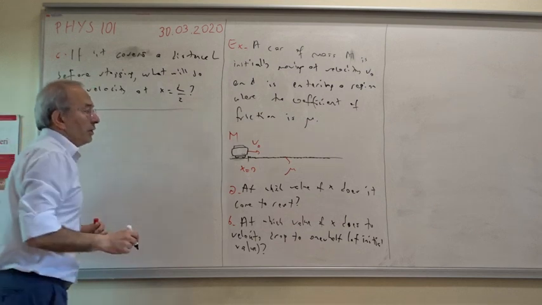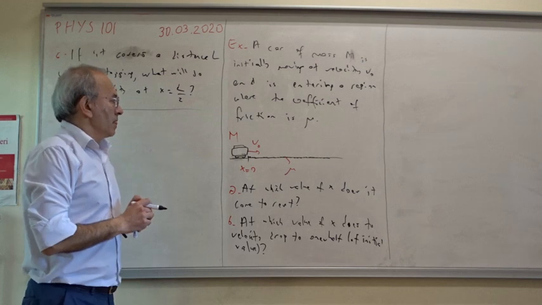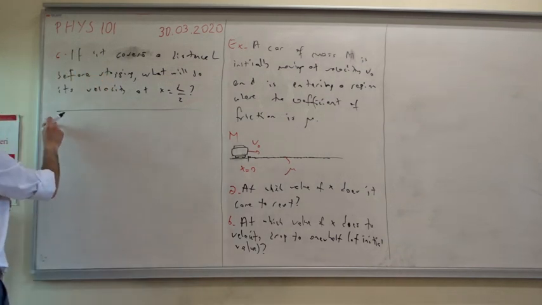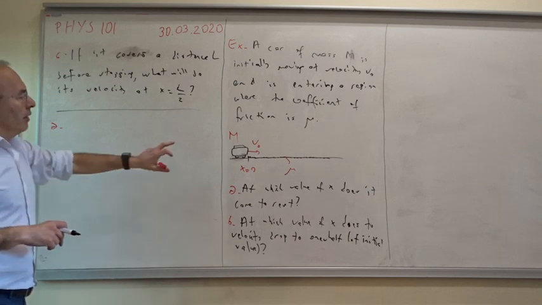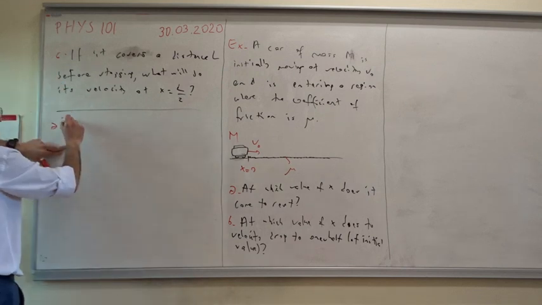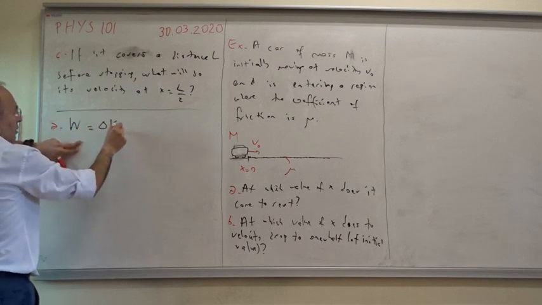So these are the three simple questions in this problem. Of course, we will apply the work energy principle. What was the work energy principle? Work done corresponds to delta K.